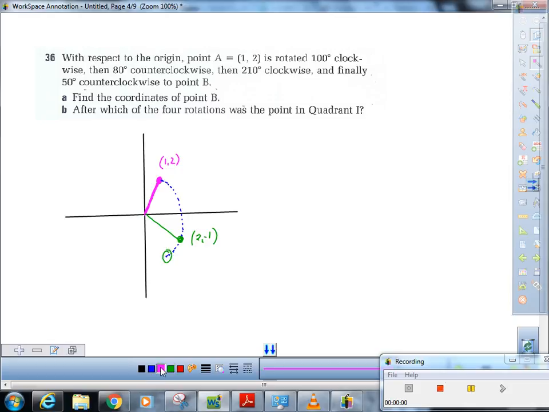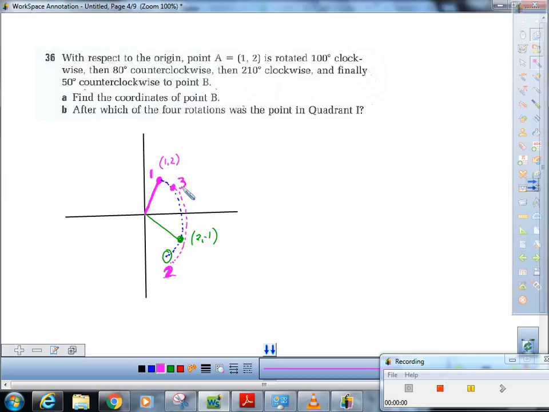Then, you go 80 degrees backwards, so 20 degrees shorter than it was, and it ends up right there. So we'll call this spot 2. This will be spot 1. And this is spot 3. I don't know where this problem is going.